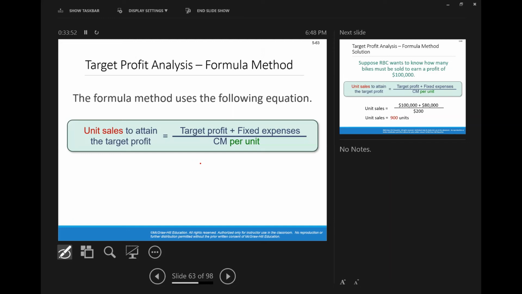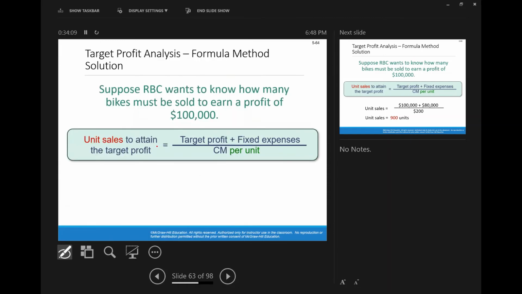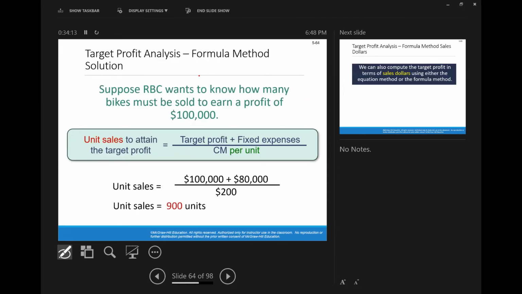All right, the formula method. So we have the unit sales to attain the target profit equals the target profit plus the fixed expenses over the contribution margin per unit. So we're doing the same thing with the 100,000.